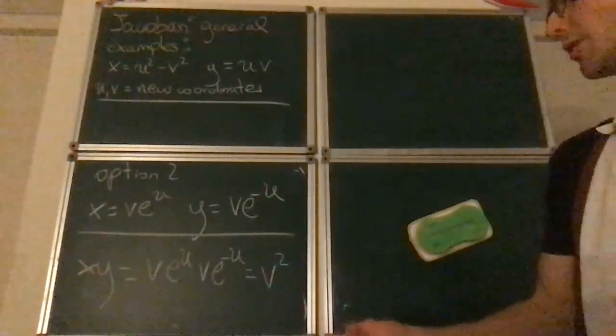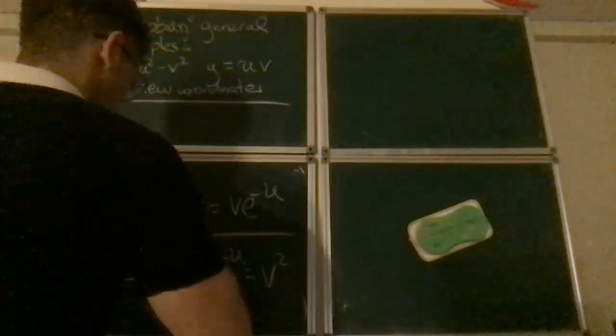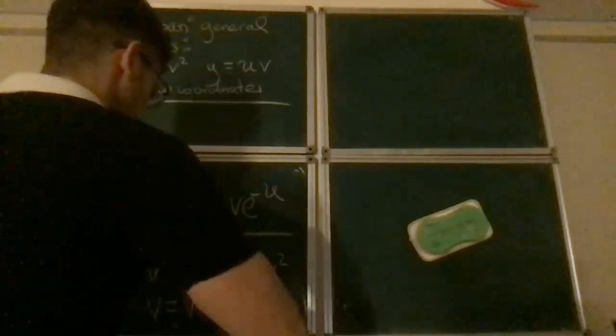And in particular, this tells you that you can use this equation to solve for v. And so if you wanted, you could say that v equals the square root of x times y.